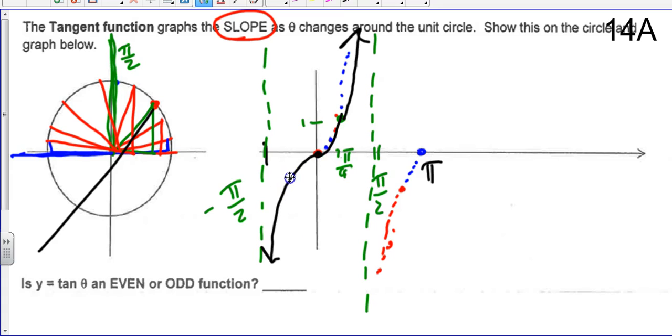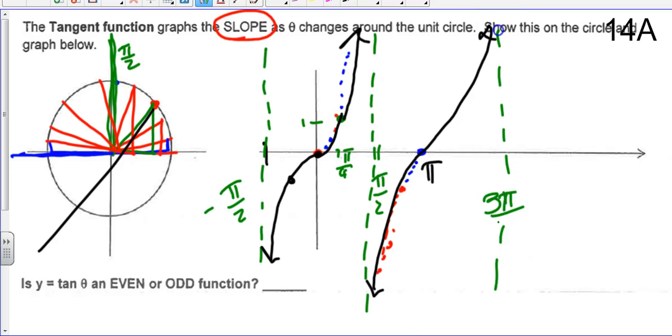It would also go through negative pi over 4, -1 if you wanted another ordered pair. And it will repeat over here. Where is the next undefined place? That one's not drawn very well. It doesn't look like a straight line. Okay, the next undefined place would be at 3 pi over 2.